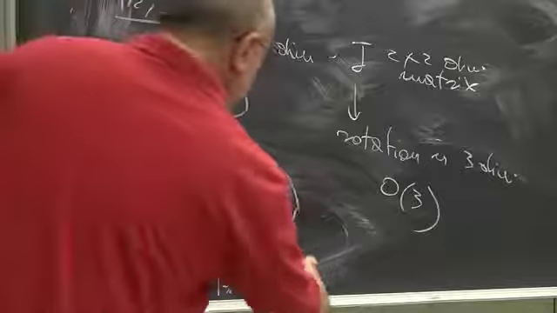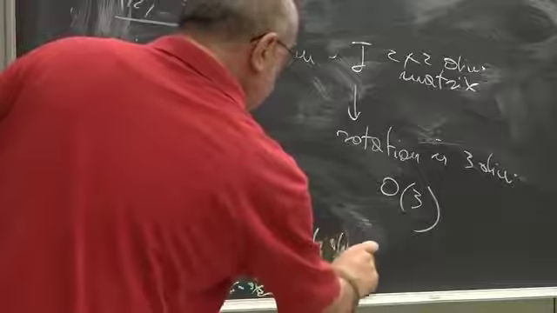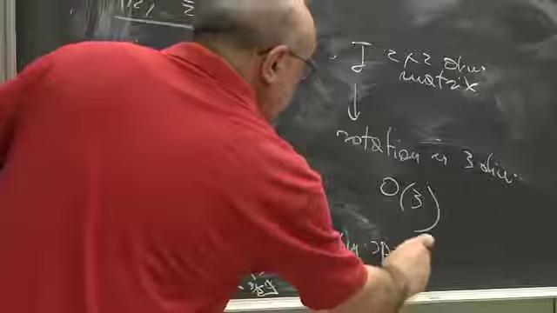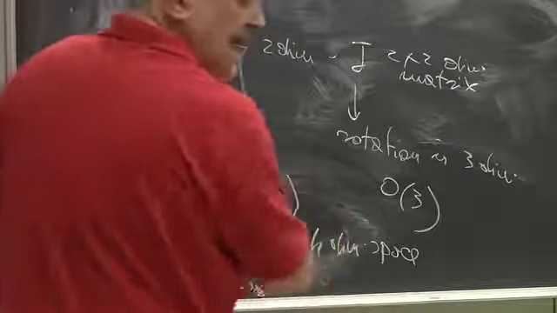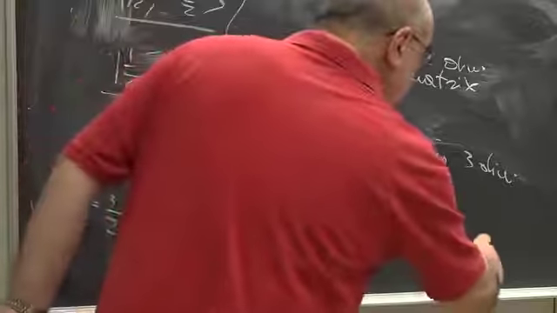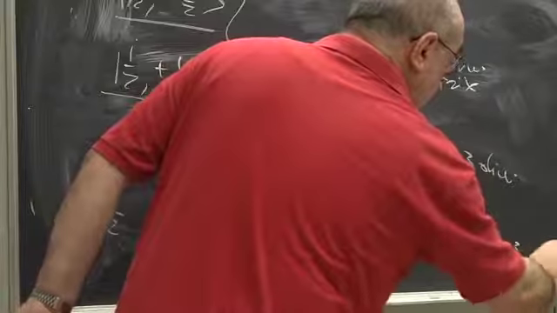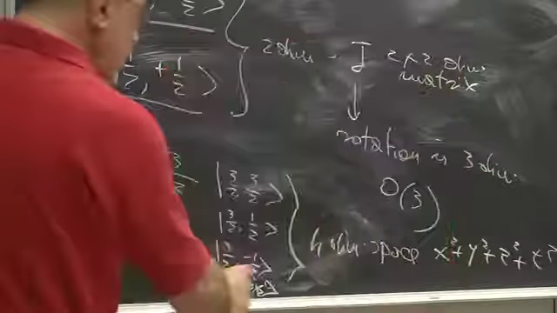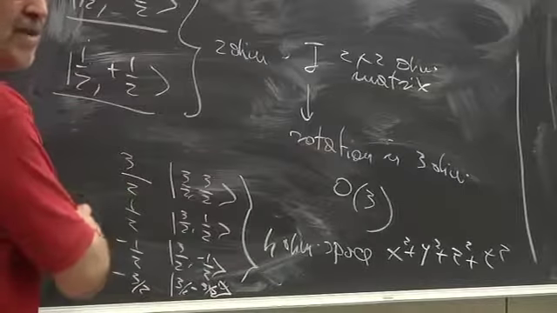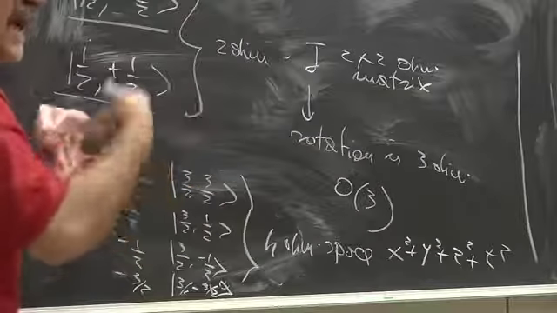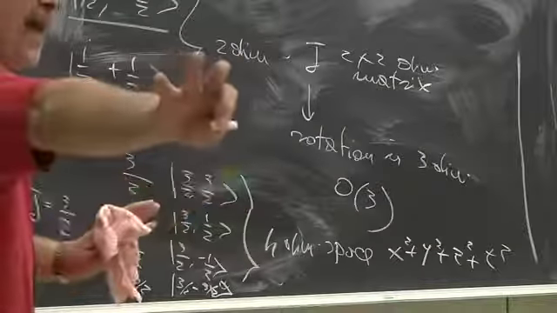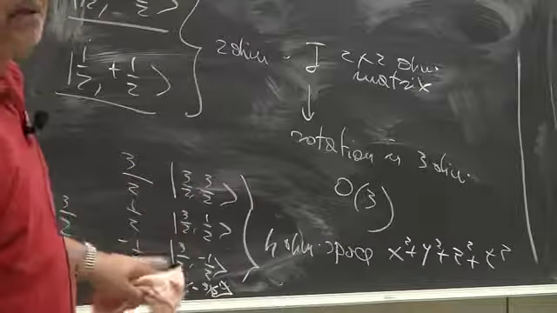So this is a 4-dimensional space. It does not mean it keeps invariant something in 4 dimensions plus an extra, let's call it t. No, no, no. This is rotation in 3 dimensions, represented in an abstract manner in a Hilbert space that has 4 dimensions.